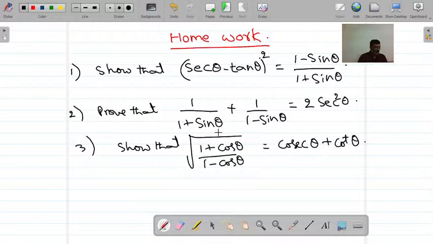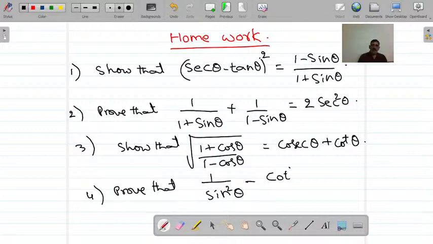And you can try one more: prove that 1 by sine square theta minus cot square theta. Okay, you try these problems.